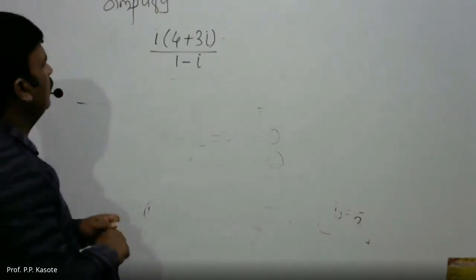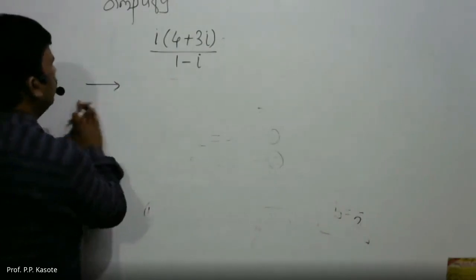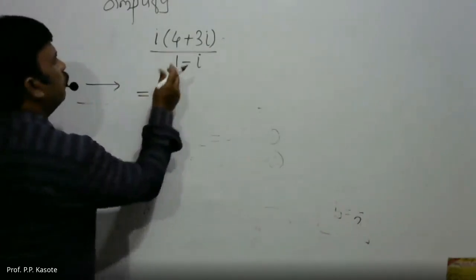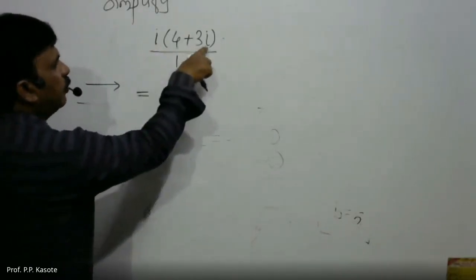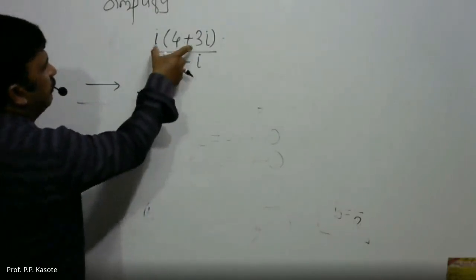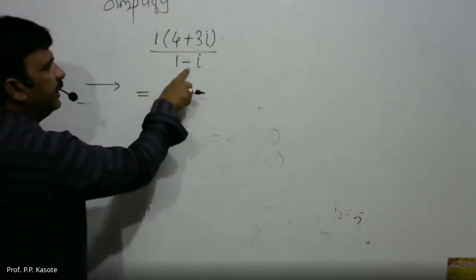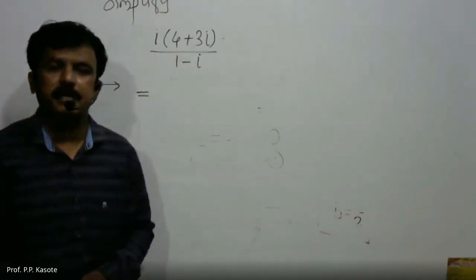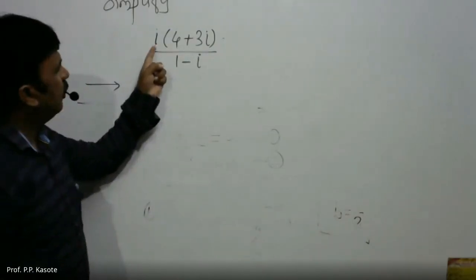Now in this, if we look at the numerator, there is a multiplication of two complex numbers because i is a complex number and 4 plus 3i is also a complex number. At first we'll multiply these two complex numbers और जो भी आंसर आएगा उसको 1 minus i से हम लोग क्या करेंगे, डिवाइड करेंगे.